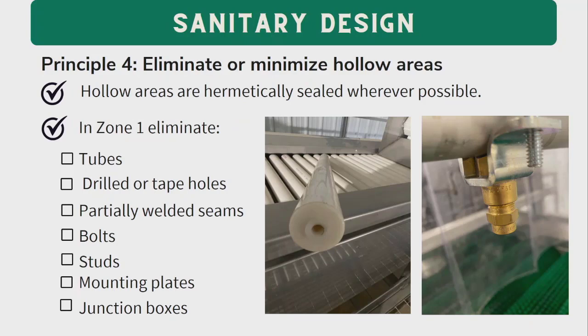The fourth and final principle is eliminate or minimize hollow areas. So how can we make sure, especially around zone 1, that we are not creating them, and what might be a better solution? We still see a lot of rollers. We see tubes on zone 1s. Belts can be a better option because these can probably be better cleaned and maintained.